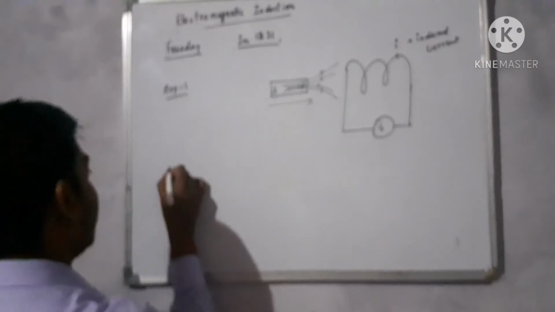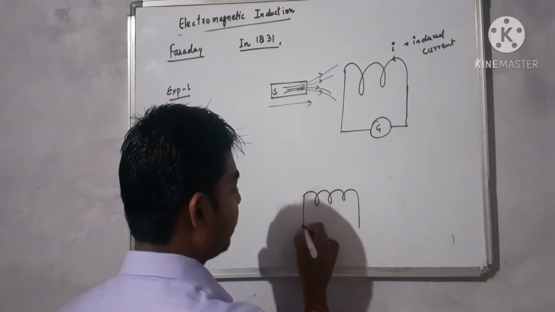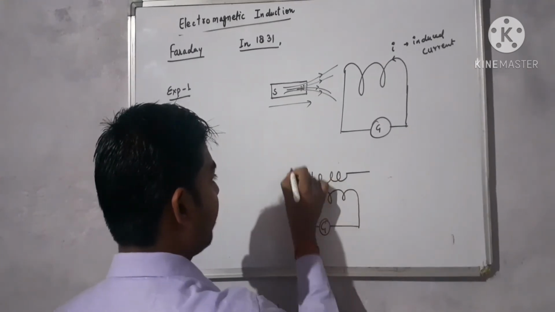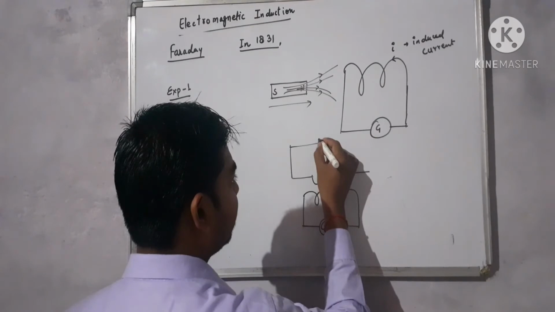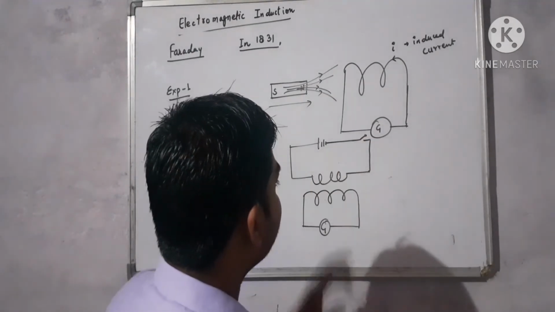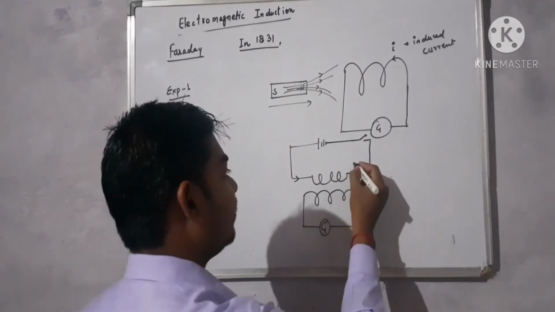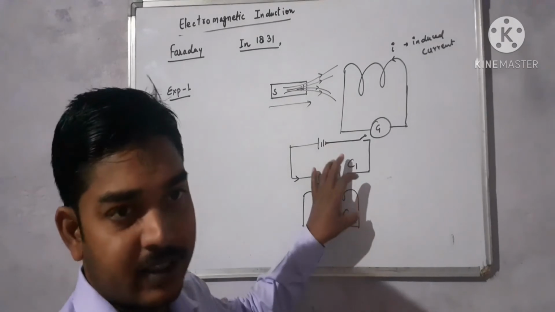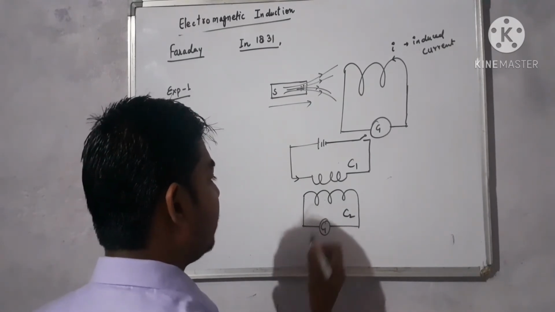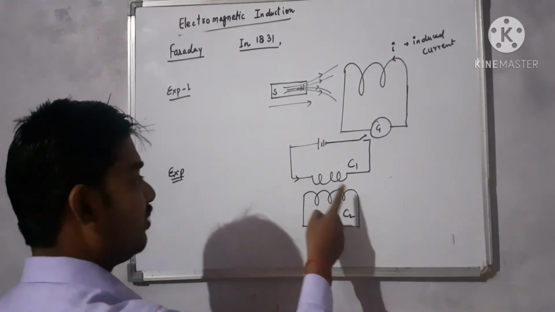He did another experiment, and he observed that when two coils are placed near each other, one is connected to a galvanometer and the second coil is connected to a source of electric current, that is, a cell. When Faraday varied the current flowing in coil 1, an induced EMF was produced in coil 2, and it is such that it opposes the cause which produces it.